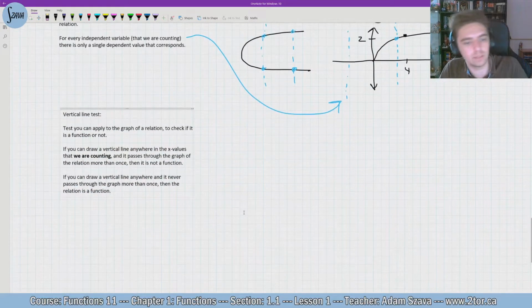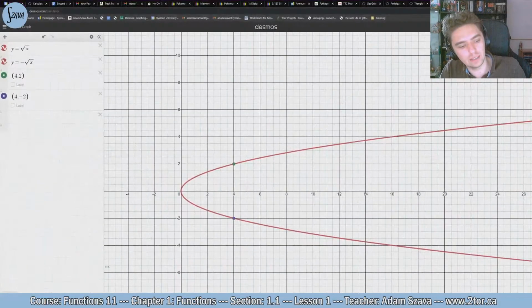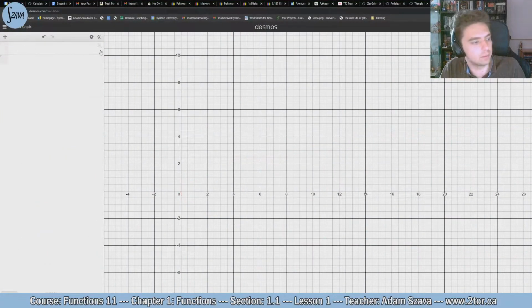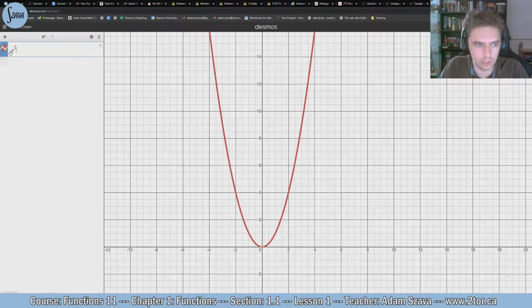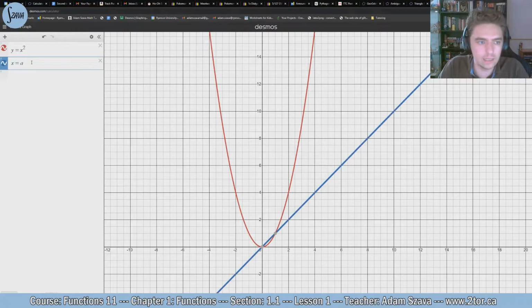Let's just do some examples here. Let me graph a couple relations. I'm going to start with maybe a parabola, y equals x squared, and I draw some vertical line. Whoa, what's going on?